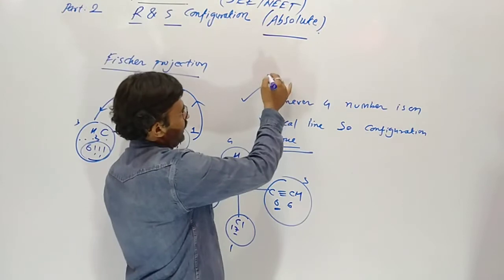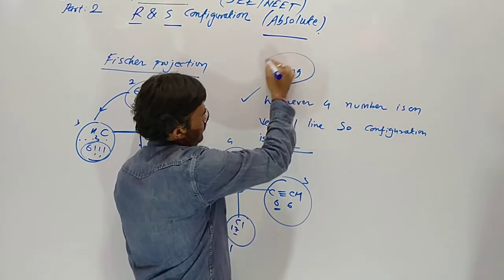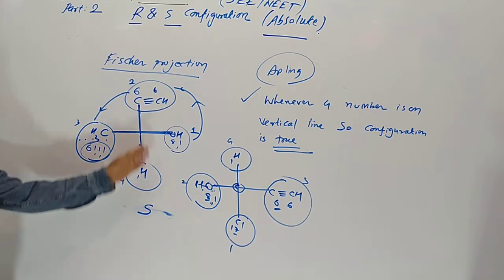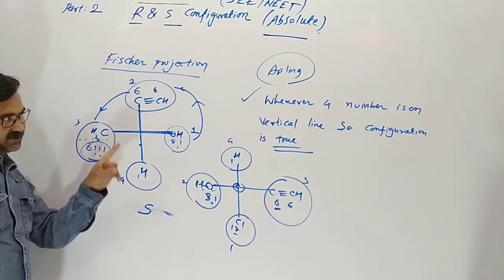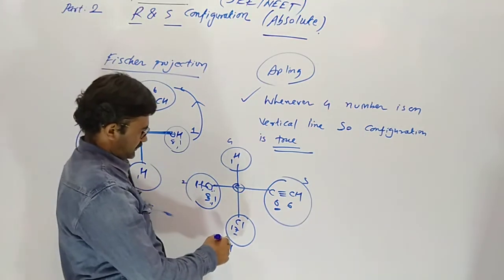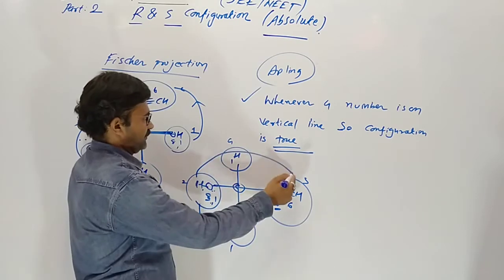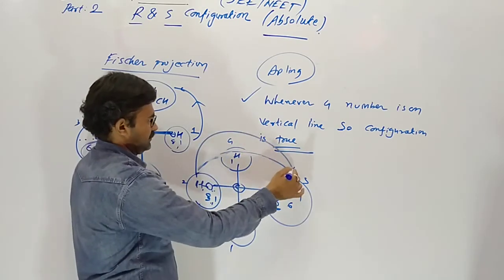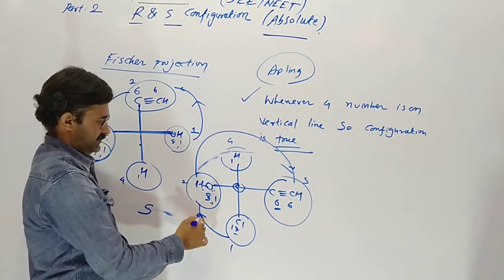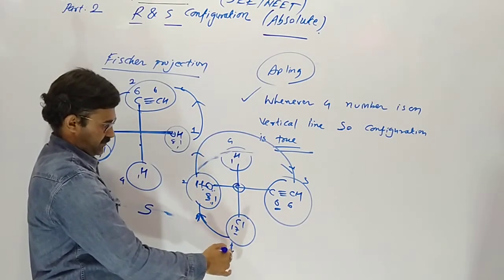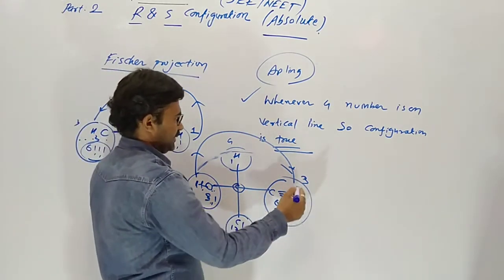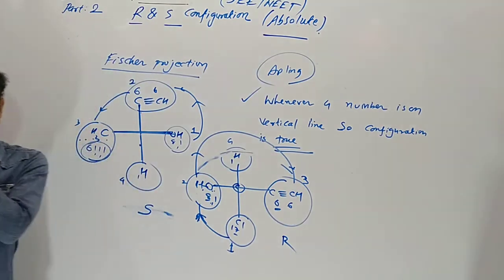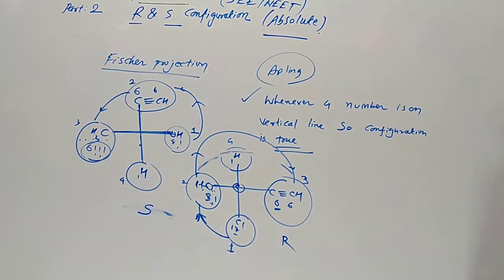This rule is given by Fischer. Whenever the lowest number 4 is on the vertical line, the appeared configuration is true. Read 1 to 2 and 2 to 3; don't read 4. We start reading from the first number, 1, 2, 3, in a clockwise direction. So this is R configuration. Yes.